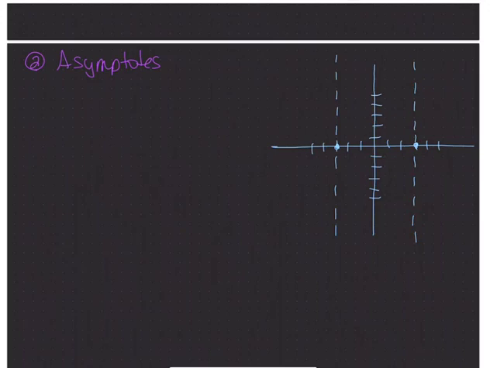So when it comes to our domain, it's going to help us find our vertical asymptotes. And we remember what an asymptote means, right? So you can get really close, but you can't touch it.